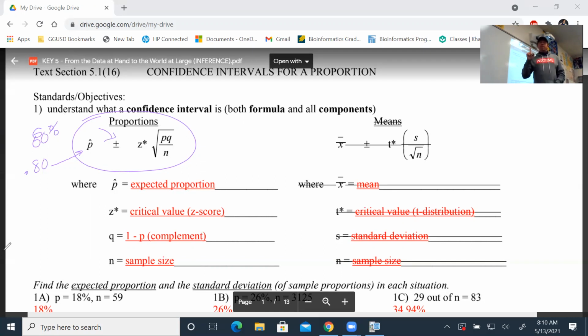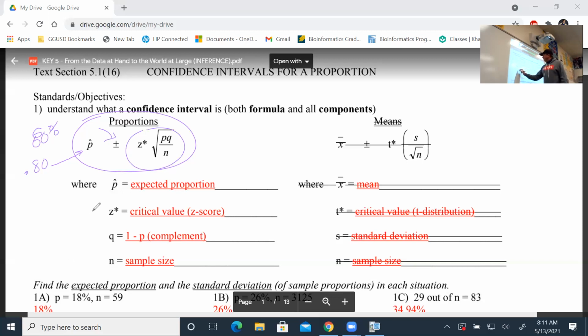And the margin of error simply gives you some room for a mistake. So if 80 out of 100 are good with the vaccine, that doesn't mean by any stretch of the imagination that exactly 80% of the people are good to go. It might be 75 to 85%, somewhere in there. We're not sure.